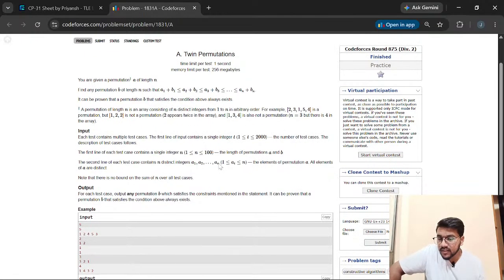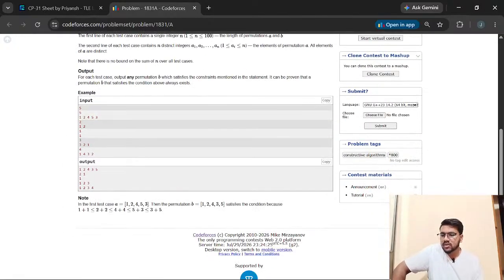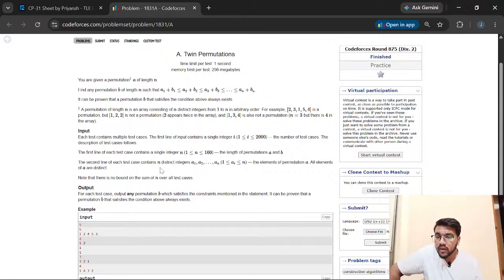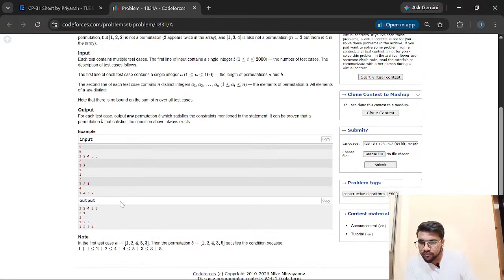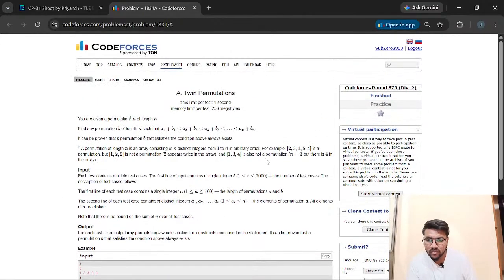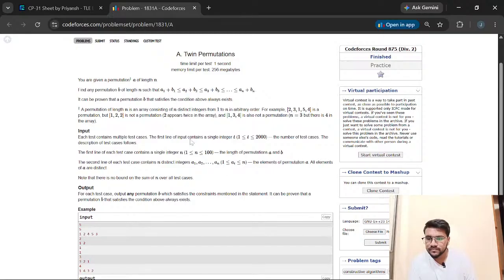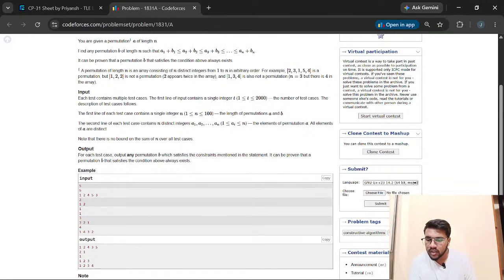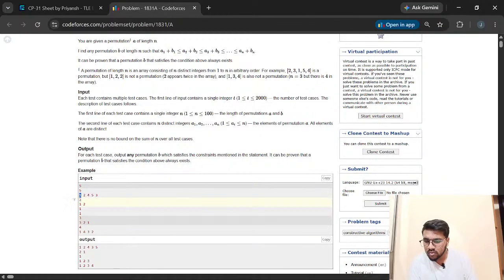Oh, we have to make another array which will satisfy this condition. They have given an array A and we have to make another combination using that such that the first sum is less than or equal to the second, and then the second is less than or equal to the third.